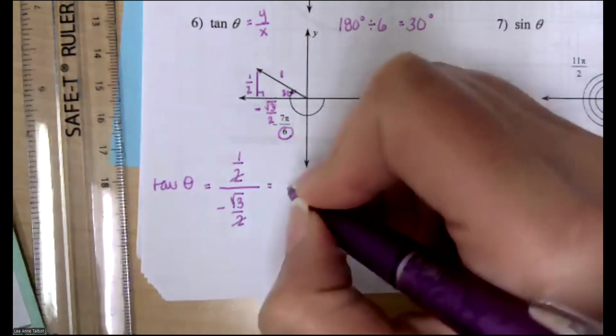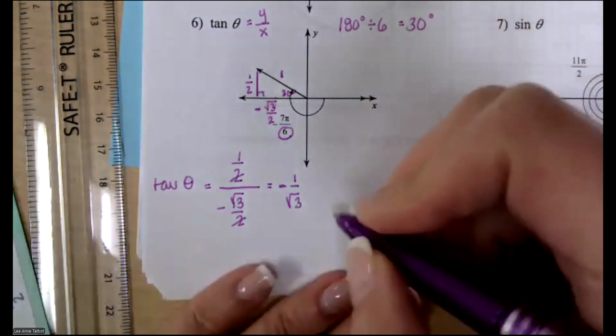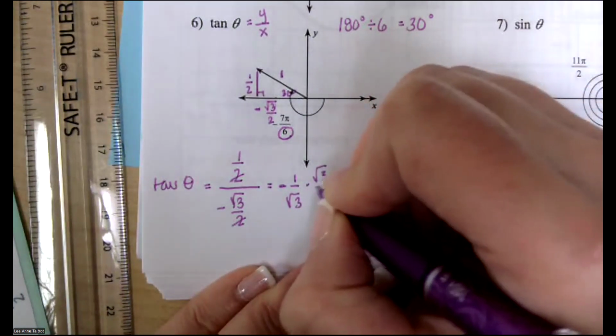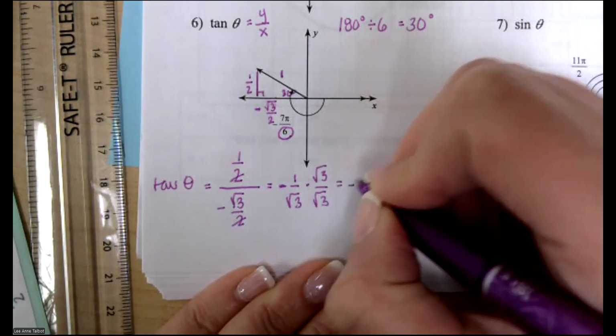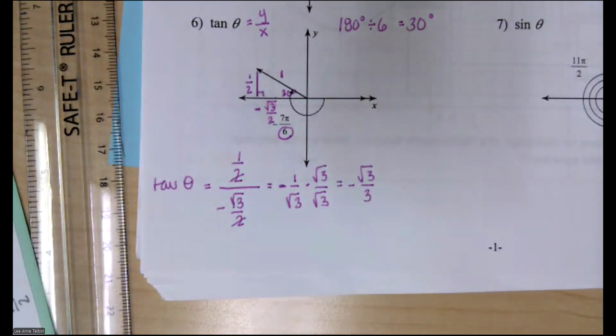Okay, 2's cancel, and I have negative 1 over root 3. Rationalize. Voila.